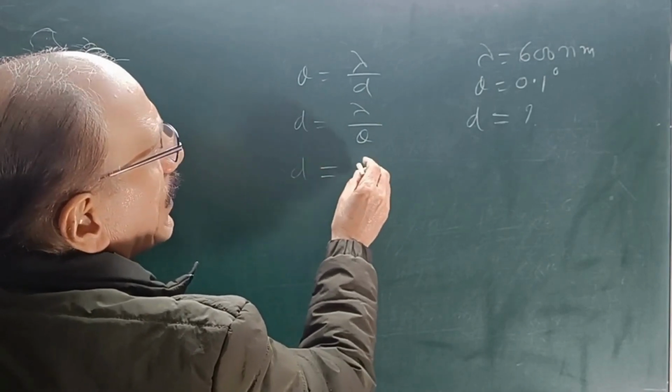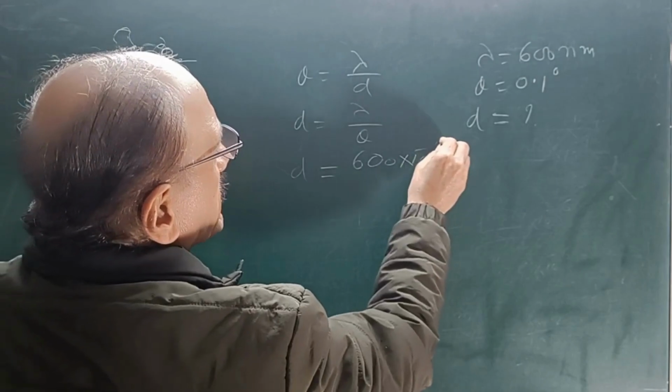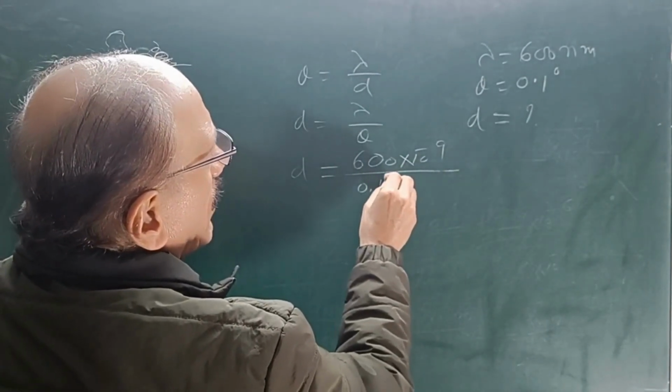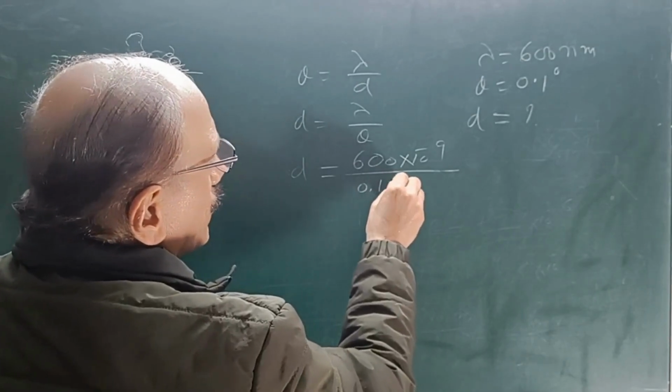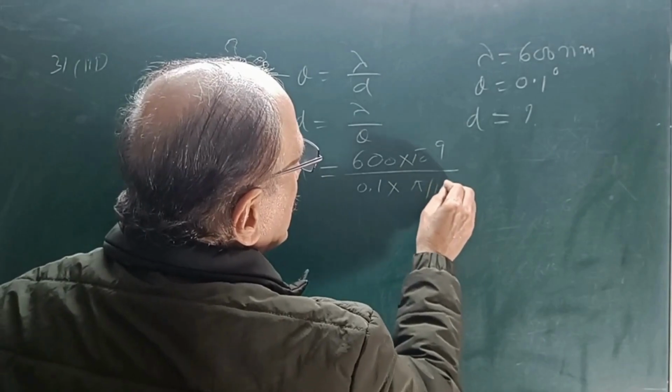So this d will be equal to lambda, 600 into 10 to the power minus 9, divided by 0.1, into, that is to be converted into radian, pi by 180.